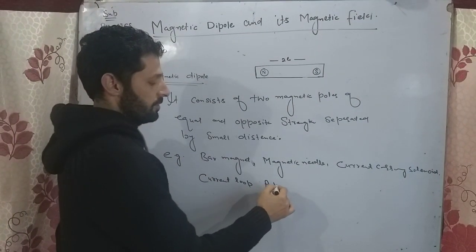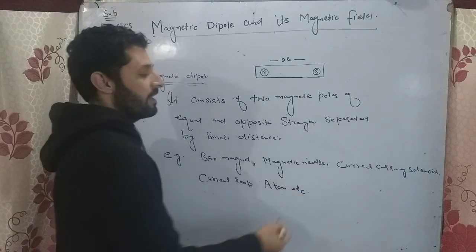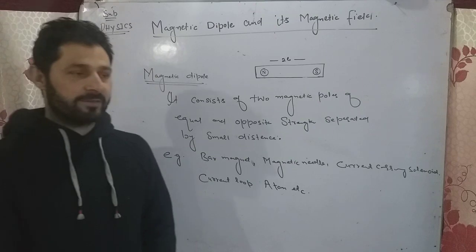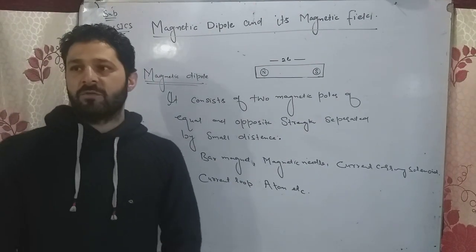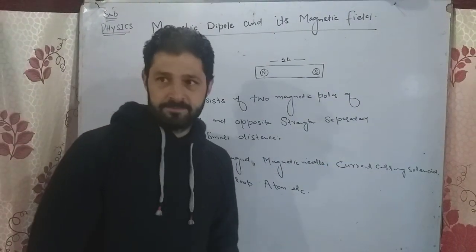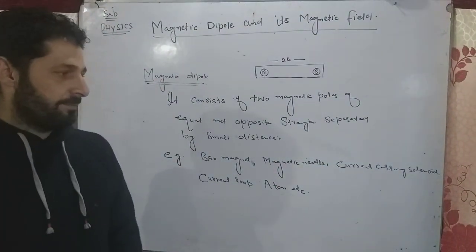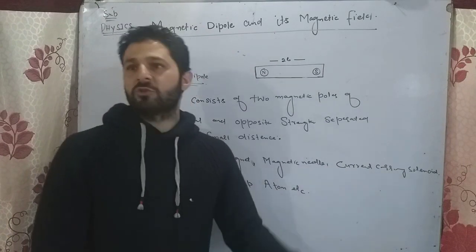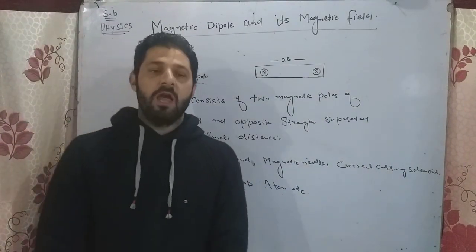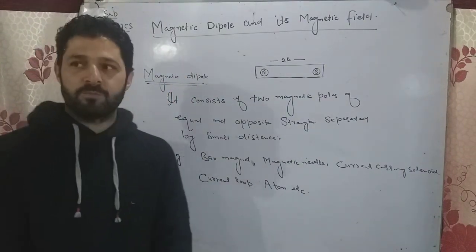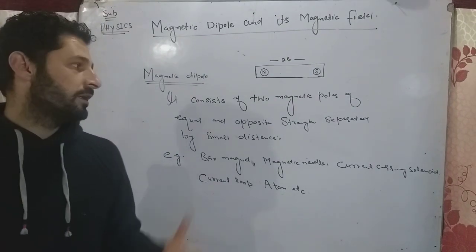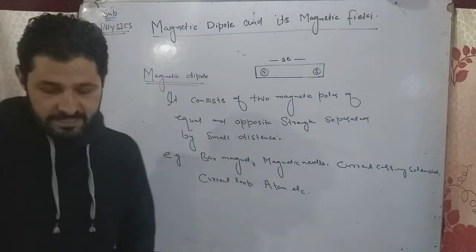These are the examples of magnetic dipole. A current carrying solenoid, which we have discussed already in the classroom, is called an electromagnet. So what is a magnetic dipole? A system of two equal and opposite pole strengths separated by a very small distance is called a magnetic dipole. जैसे मैंने ये एग्जाम्पल्स लिखे.